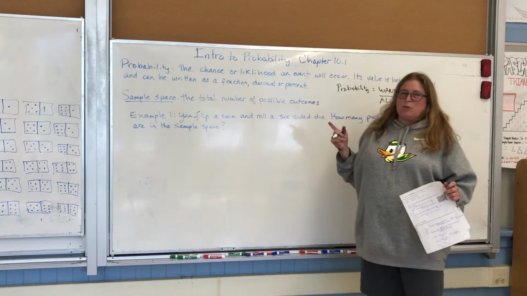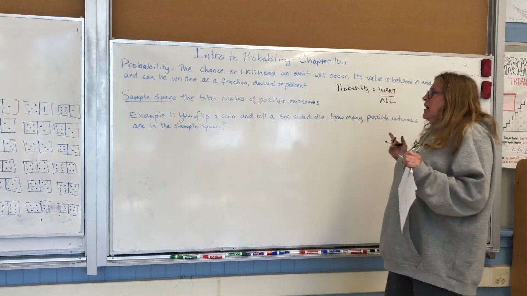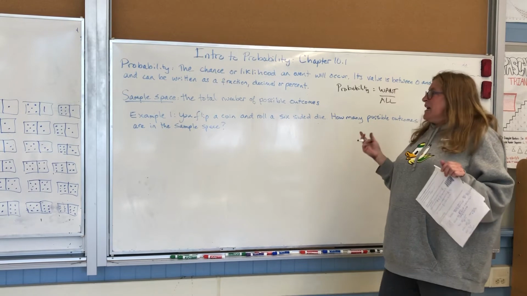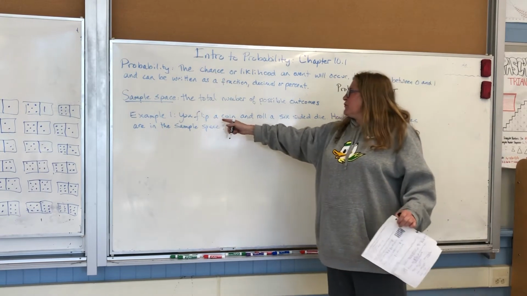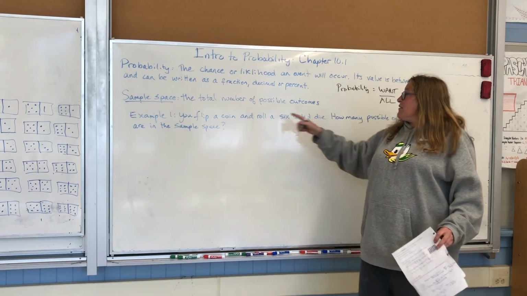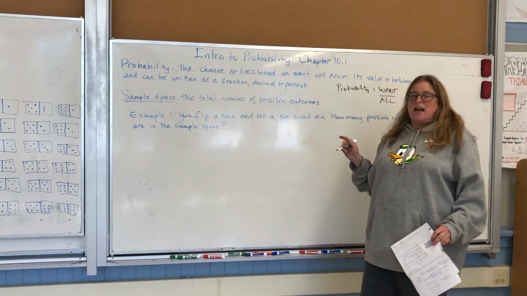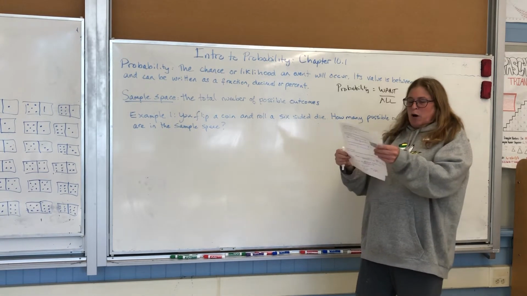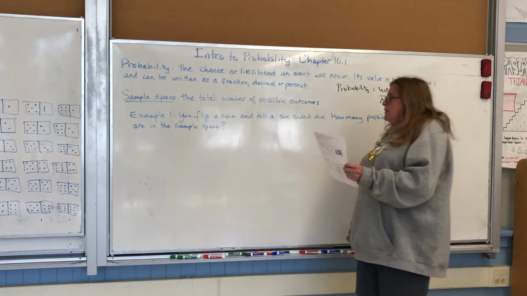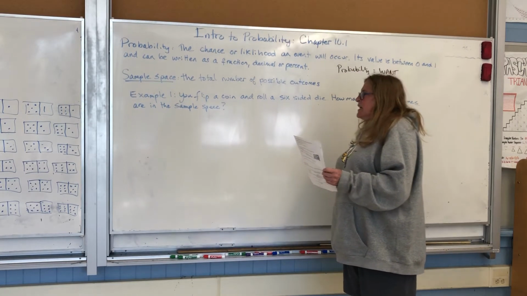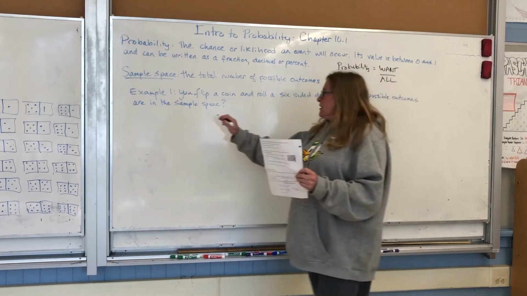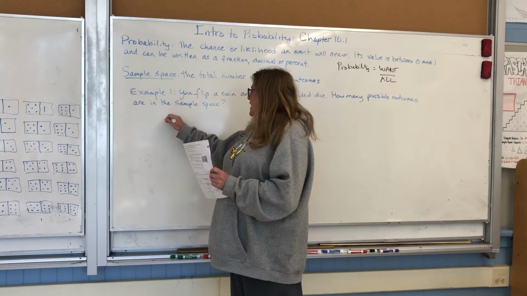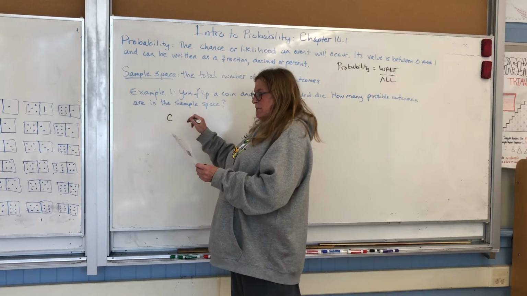Our first example, we're going to define the sample space of an event. In this event, we are going to first flip a coin, and then we're going to roll a 6-sided die. So it's an event with 2 parts. Probably the best way to do this is to make a little tree. Let's think of all the ways that we can flip a coin.